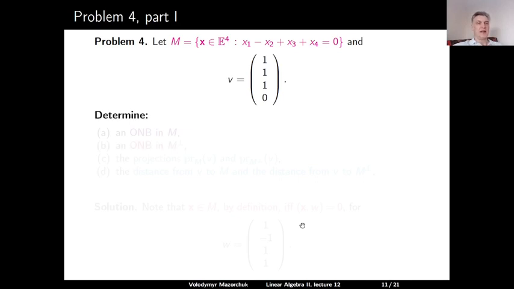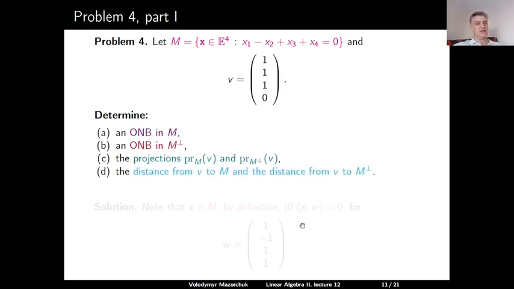Determine an orthonormal basis in M, an orthonormal basis in M orthogonal complement, the projections of V onto M and onto the orthogonal complement, and the distance from V to both M and to the orthogonal complement of M. Solution.